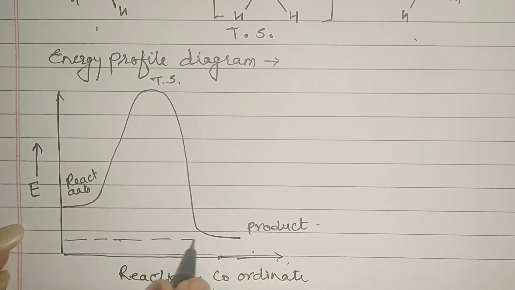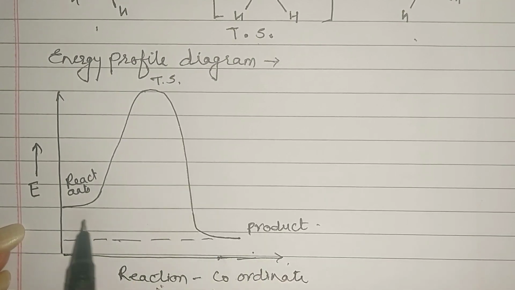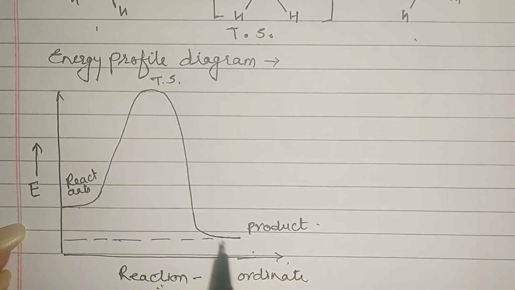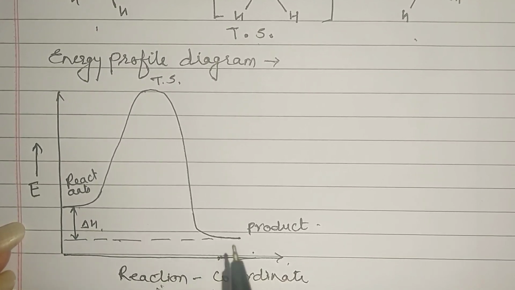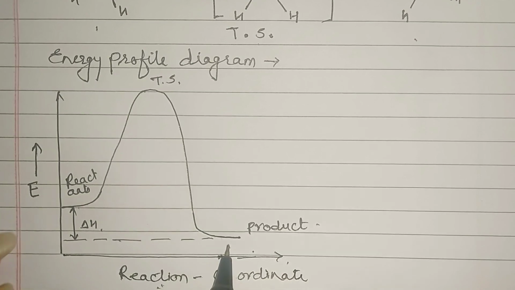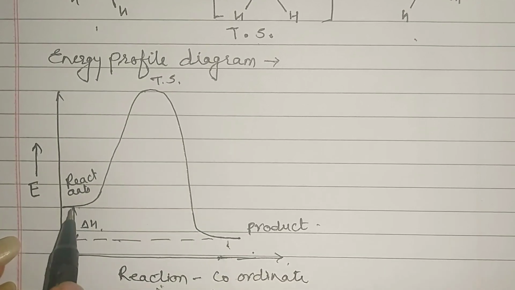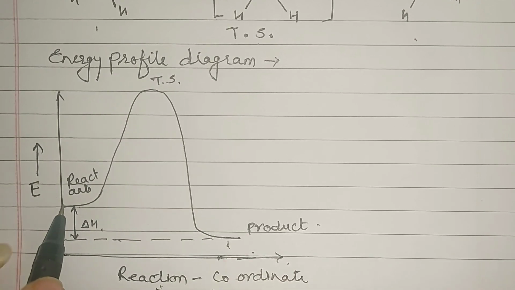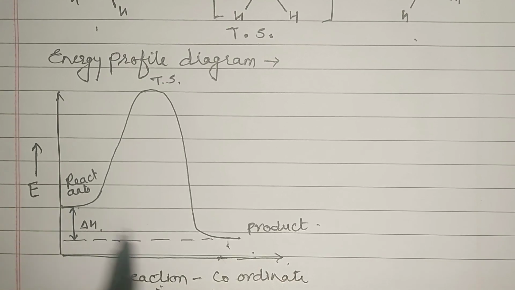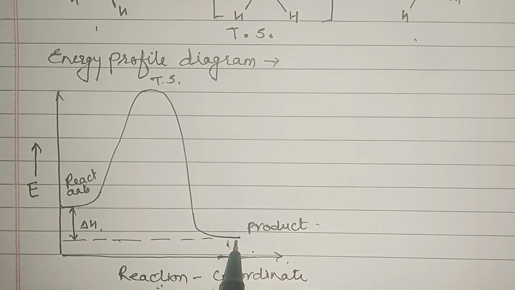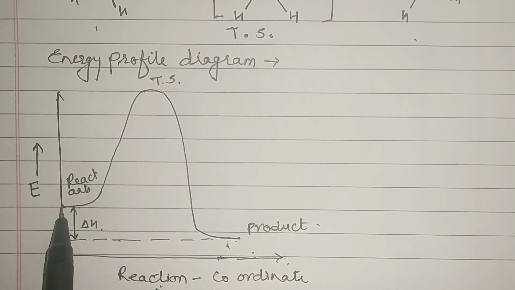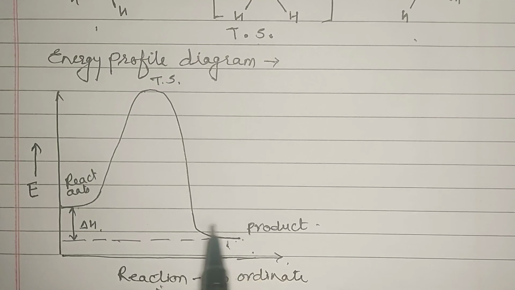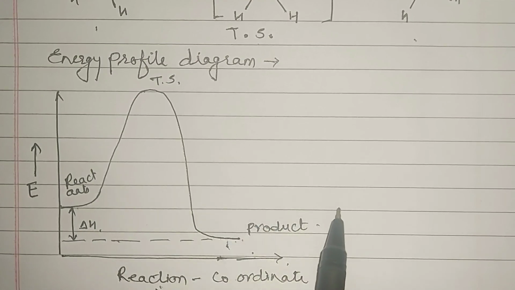We see that there is an energy difference between reactants and products. This energy difference is denoted by delta H. From this diagram, we see that reactants are at a higher energy level than product. It means when reactants are converted into product, energy is released.